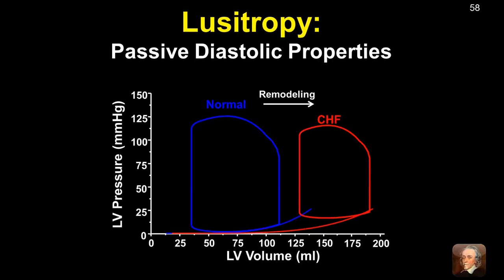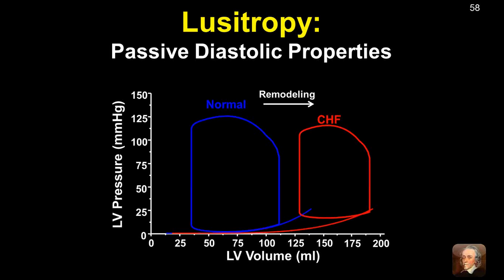Unlike the end systolic pressure-volume relationship, which can change on a beat-by-beat basis, either due to arrhythmias or administration of drugs, the end diastolic pressure-volume relationship more reflects fundamental aspects of the structure of the myocytes, the geometry of the ventricle, and the properties of the extracellular matrix. So while this can change, it doesn't change on a beat-by-beat basis.